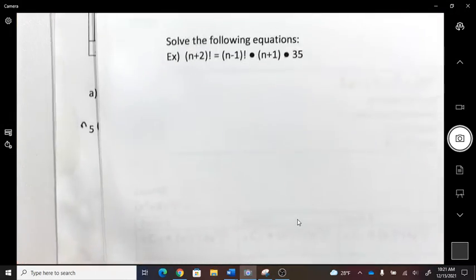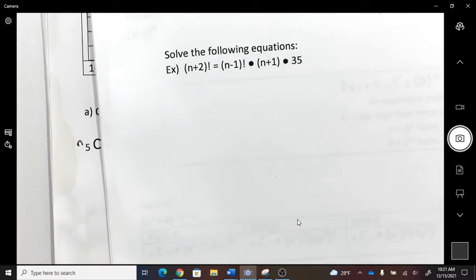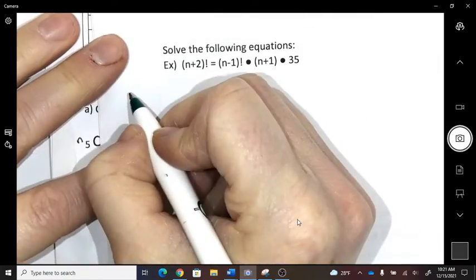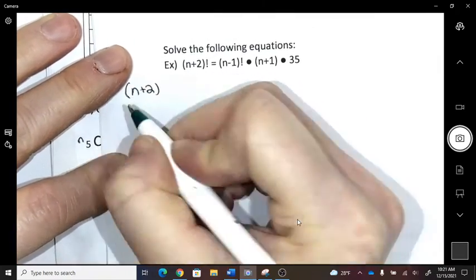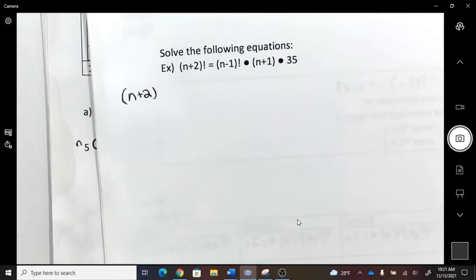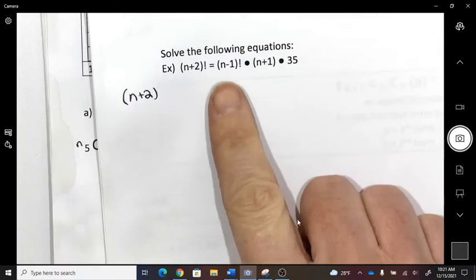Okay, solving. So those were expressions. We simplified them. These are equations, so we're going to solve them. Okay, so I'm going to expand. Which one should I expand? I'm thinking n plus 2, right? It's bigger. Okay, n plus 2 and expand it. What are we going to expand it all the way up to?